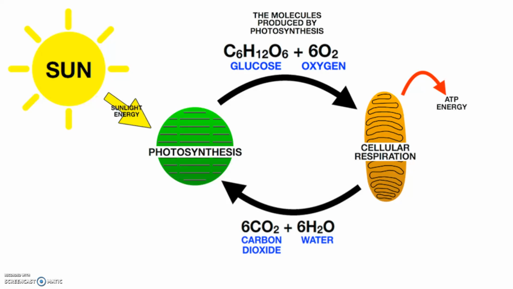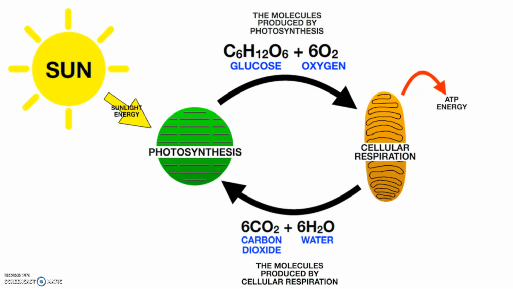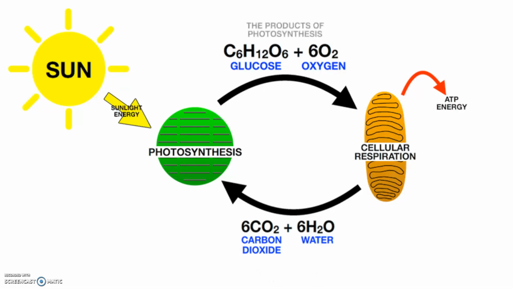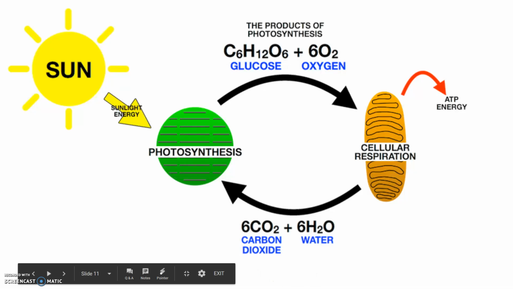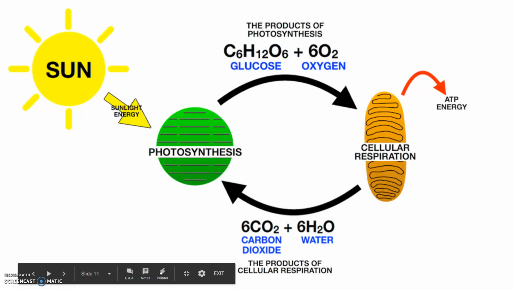This is represented as the glucose and oxygen being the molecules produced by photosynthesis, and the carbon dioxide and water being the molecules produced by cellular respiration. So the glucose and oxygen are the products of photosynthesis, and the carbon dioxide and water are the products of cellular respiration.